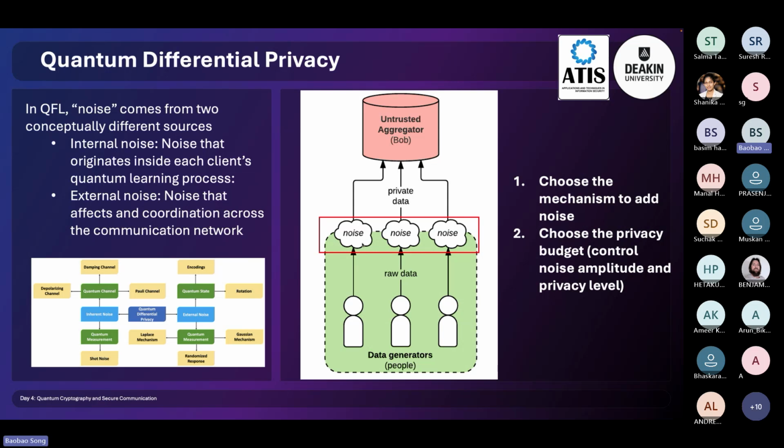If you want to provide protection for quantum federated learning beyond the internal noise, on the right side you see the steps you have to choose. First, choose the mechanism to add noise, and second, choose the privacy budget. Privacy budget is a key parameter in differential privacy or quantum differential privacy.